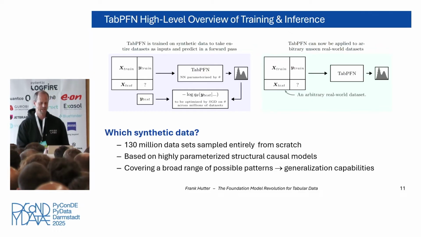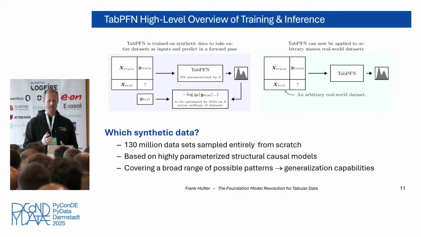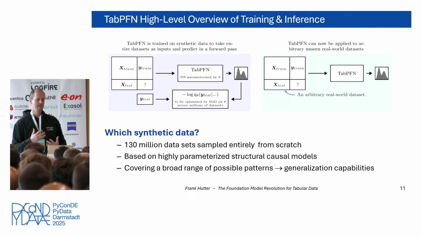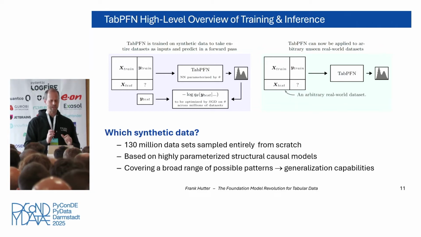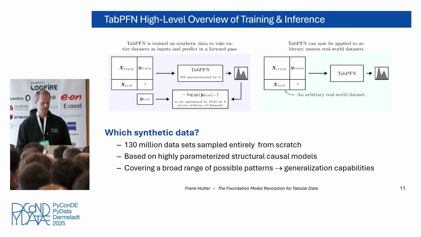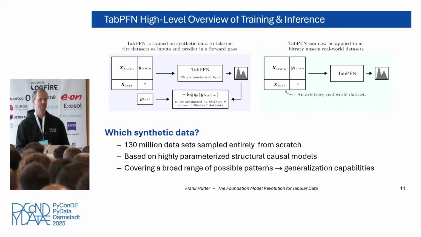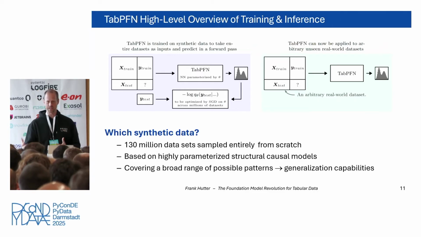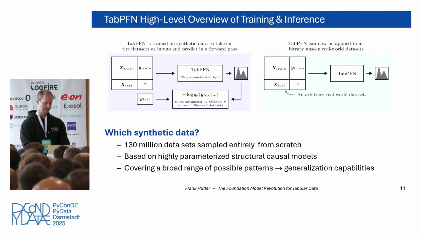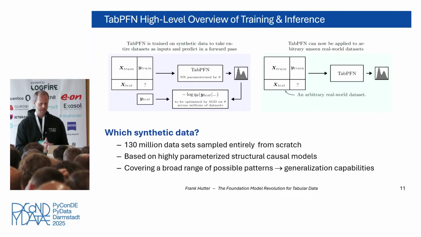And for tabular data, that is not the case. And so really, we would like to have trillions of tokens, trillions of data sets. We're here on a pretty small scale compared to neural nets for language. So it's enough to have hundreds of millions of tokens, but one token for us is basically a data set.